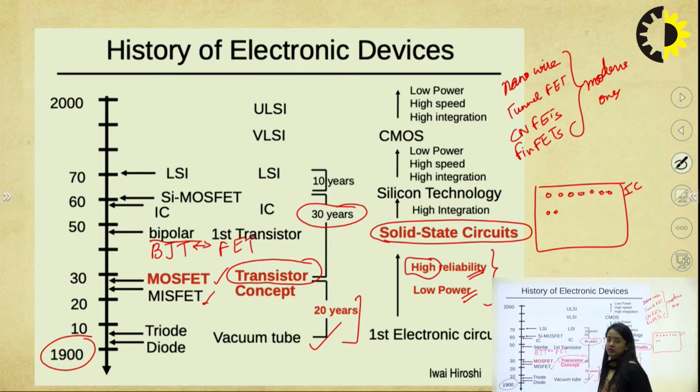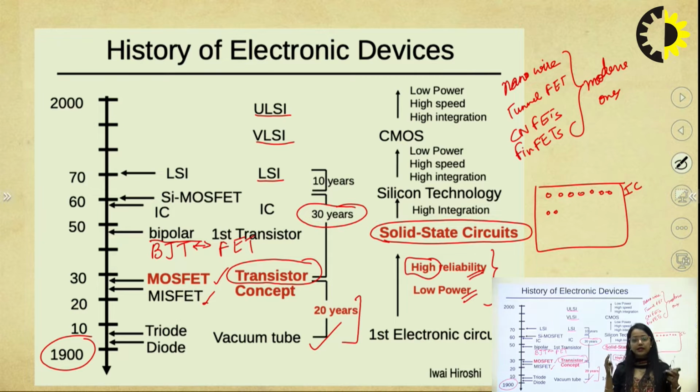So, what is happening when we are switching from diode to MOSFET to BJT? We are already trying to increase the reliability. At the same time, we are switching from large scale integration to very large scale integration to ultra large scale integration. So what is integration, and what is large scale, very large, ultra large?